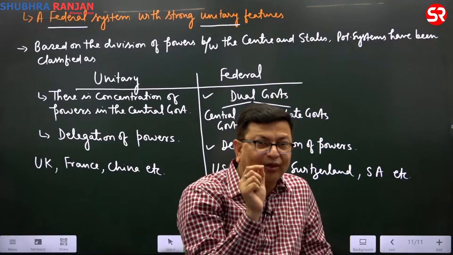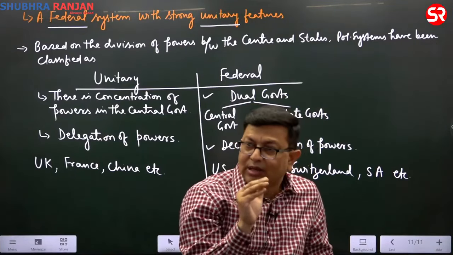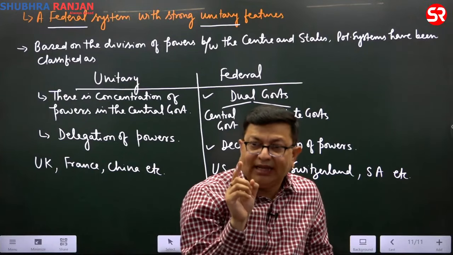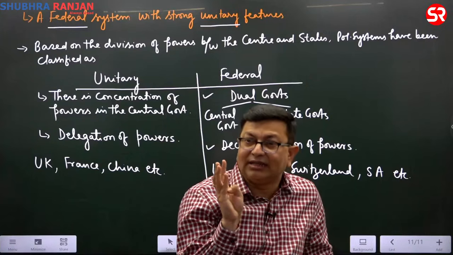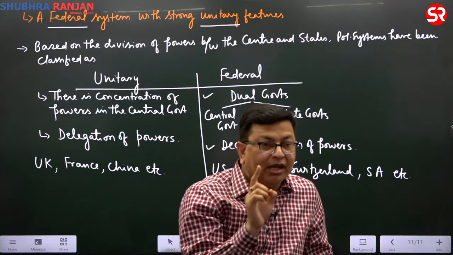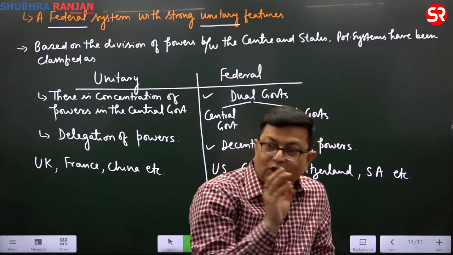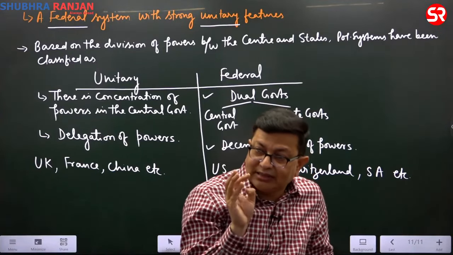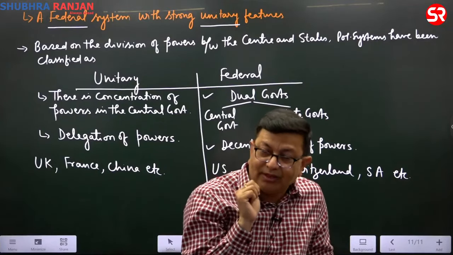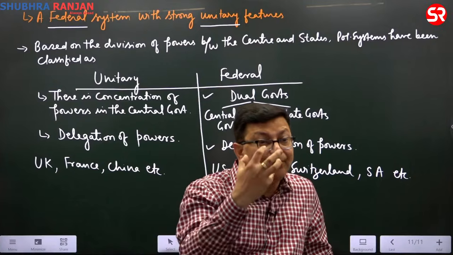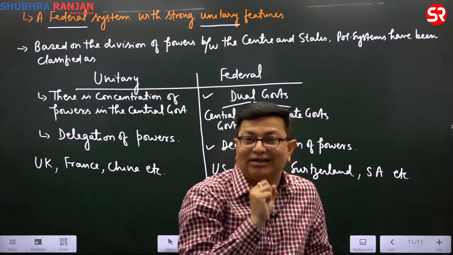The same type of system we can say is there in United Kingdom. In United Kingdom, they have got Scotland, Wales and Northern Ireland. These have got their assemblies also. Scotland has got assembly, Northern Ireland has got assembly, then Wales has also got assembly. But the power is concentrated in the central government at London.